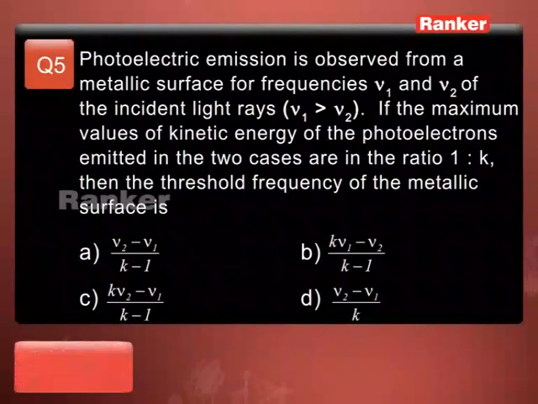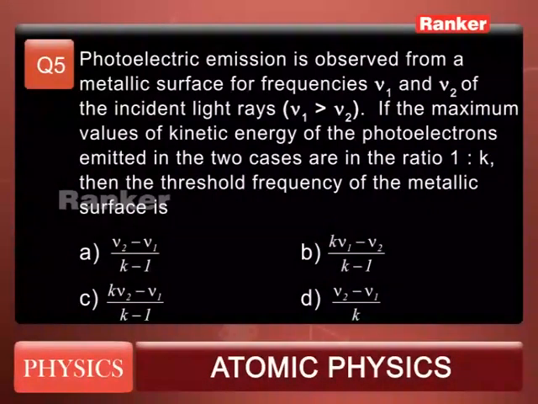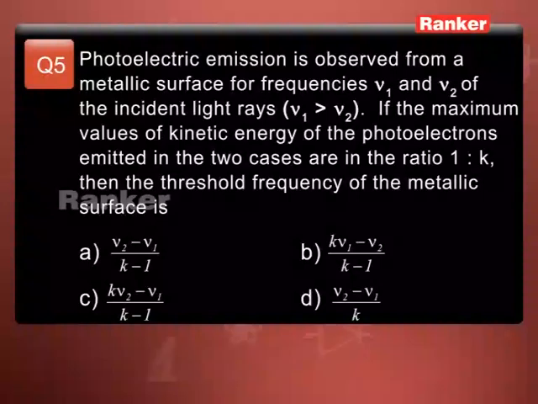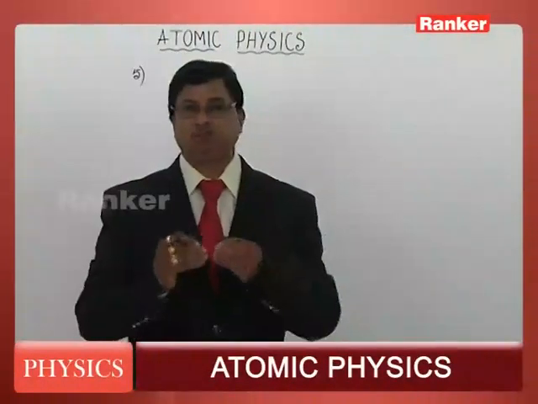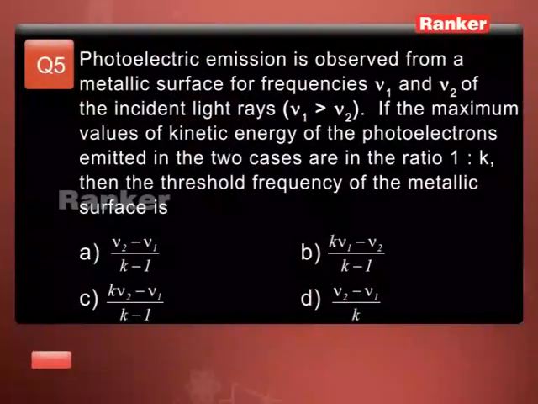If the maximum values of kinetic energy of the photoelectrons emitted in the two cases are in the ratio 1:k, then the threshold frequency of the metallic surface is how much? One of the excellent models again. The equation is the same, but how to tackle the model differs a little. Options are given this way.